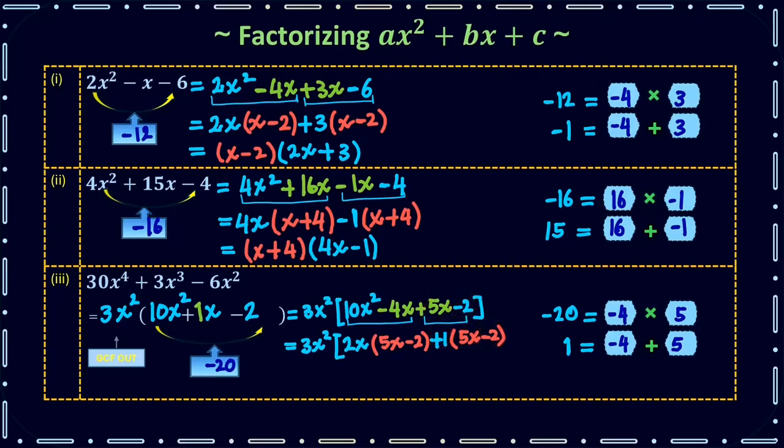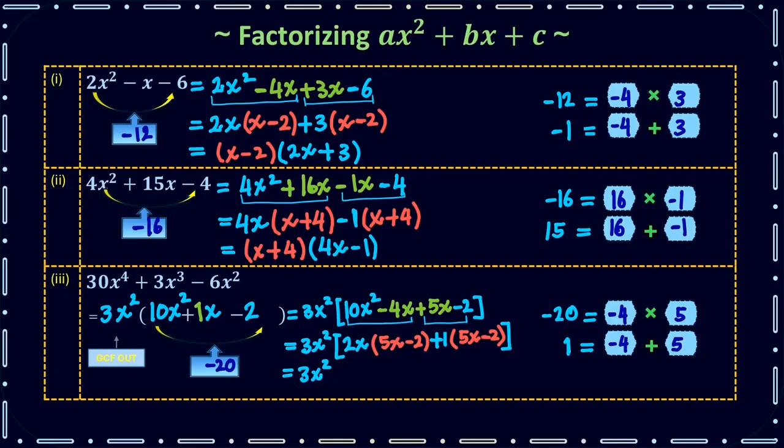Close the bracket, or if you open parentheses in the beginning, close the parentheses. Carry down the original GCF, and we are ready to factor out what's inside the bracket.